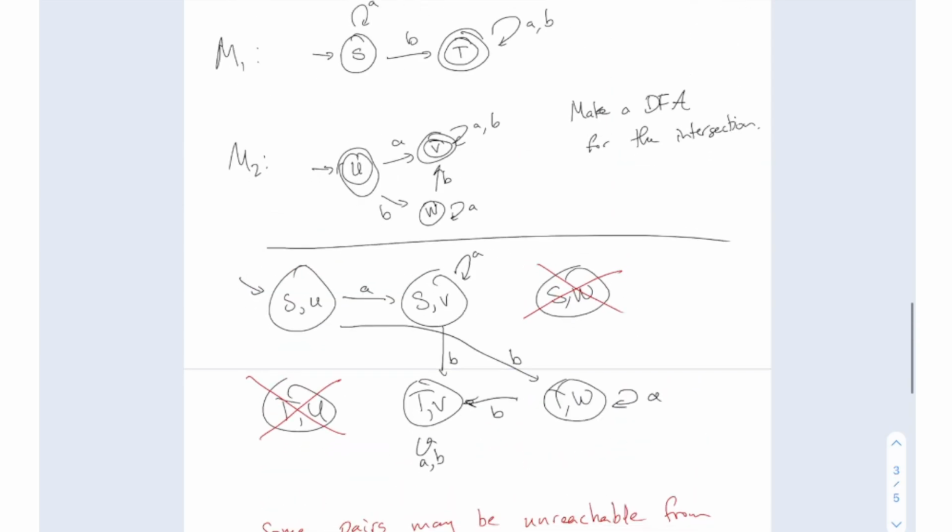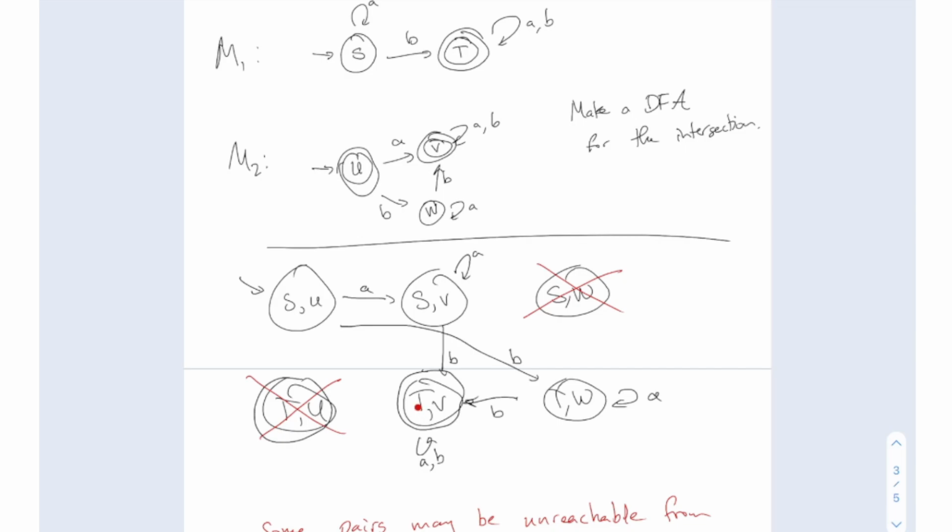Anyway, I'll just do it on this one. Which ones are accepting states here? TV is accepting, yes, and also TU is accepting, although it's unreachable, so it doesn't matter. But this is an accepting state, and I'll just mark that to make it clear. TU should have also been an accepting state because those are the pairs which are accepting in both coordinates, right?